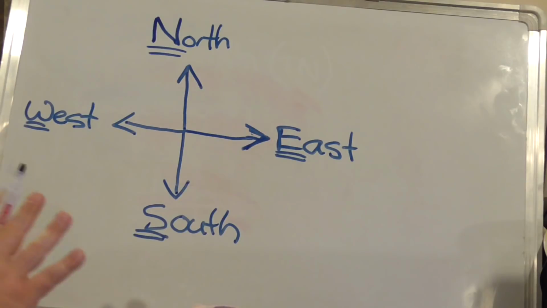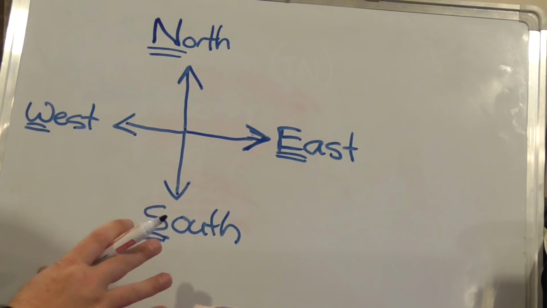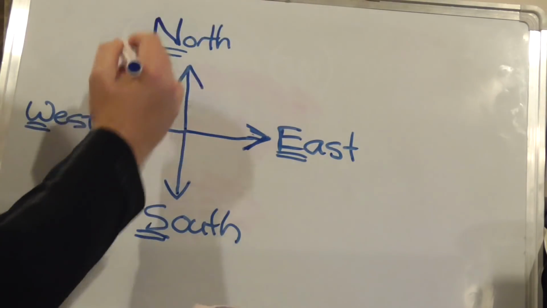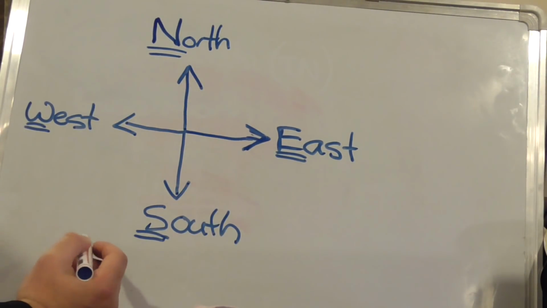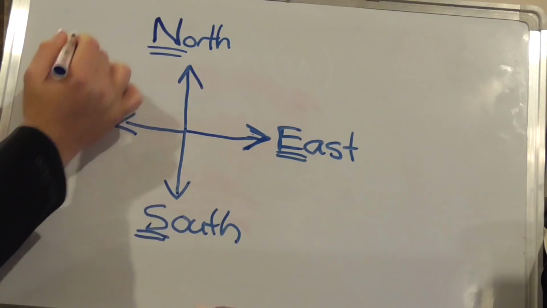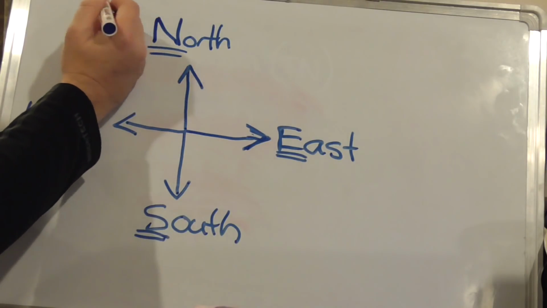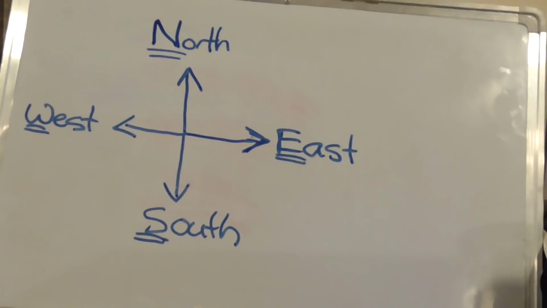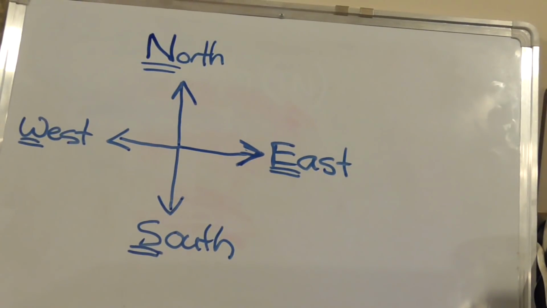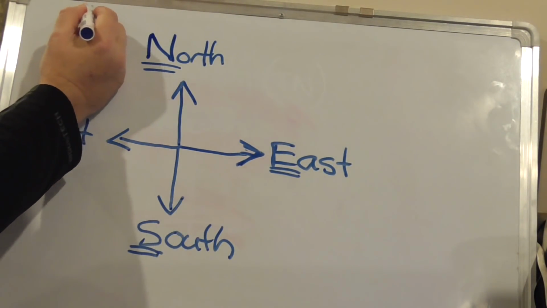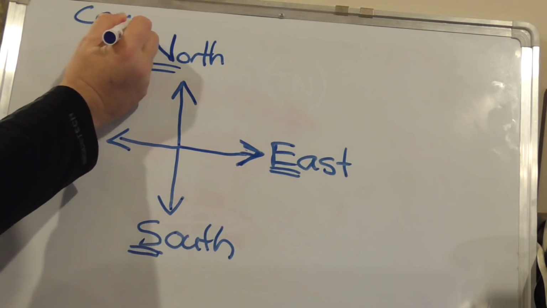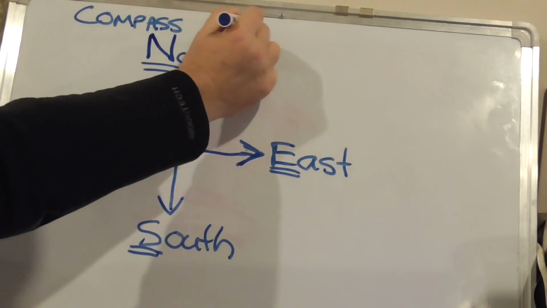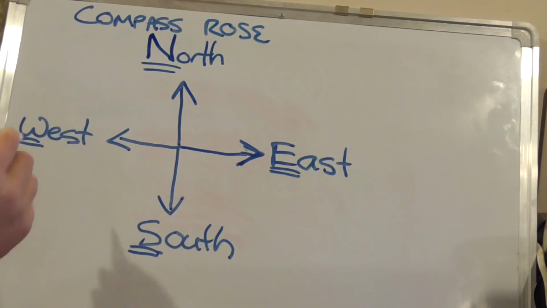Now this is basically what we call a compass rose. Let's write that over here somewhere so that you can see it. I'll move this camera up just a little bit to make sure we get that in. We call it a compass rose, as in like a flower.